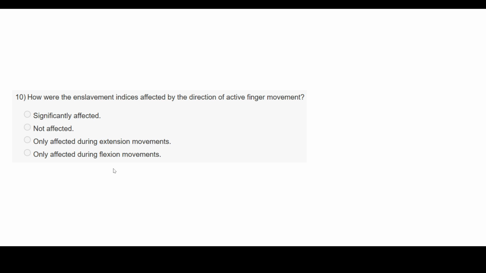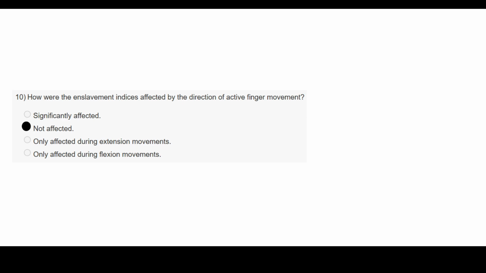How were the enslavement indices affected by the direction of the active finger movement? Significantly affected, not affected, only affected during extension movement, or only affected during flexion movement. The answer is not affected.